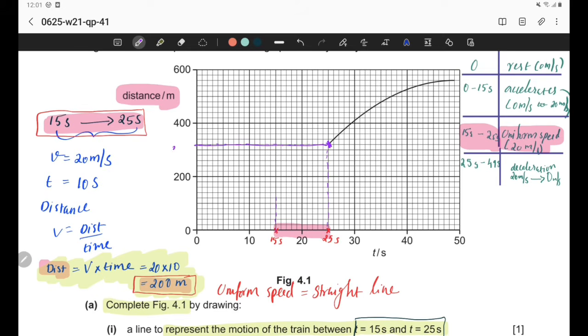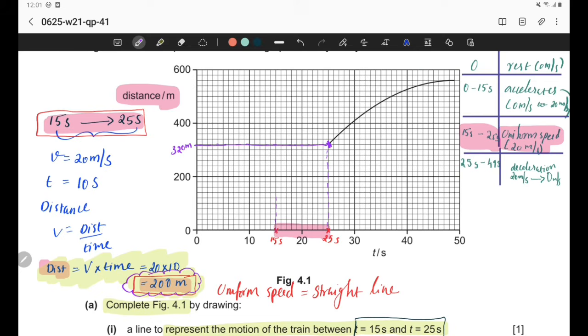We can understand by extending this 320 meter. So at the starting of the 15th second, the train must be 200 meter behind, because we know that it has traveled 200 meter in this 10 seconds.